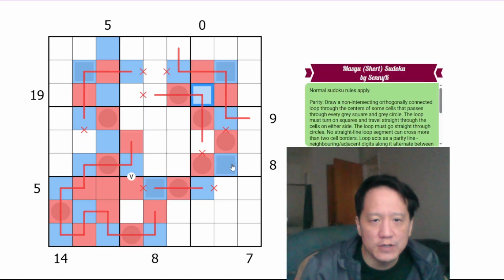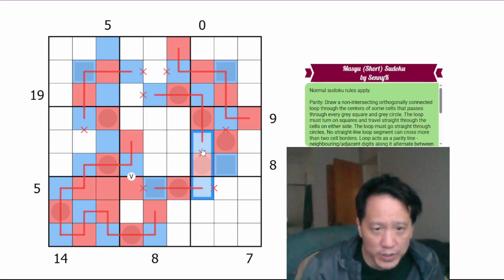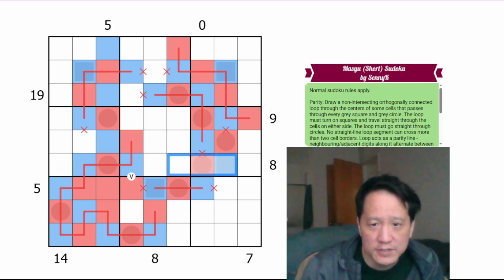These again must be even. This is odd. This is odd. So it cannot turn this way and go straight through. This then has to go through this way. So this goes that way, and it cannot go straight through there, so this must turn here.